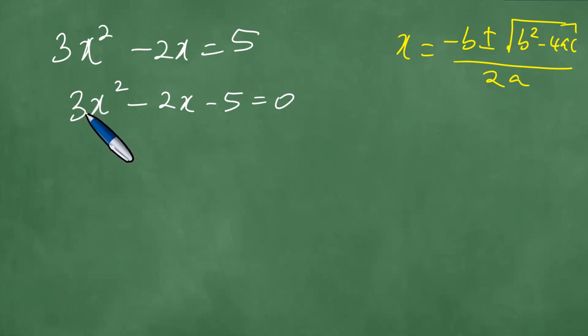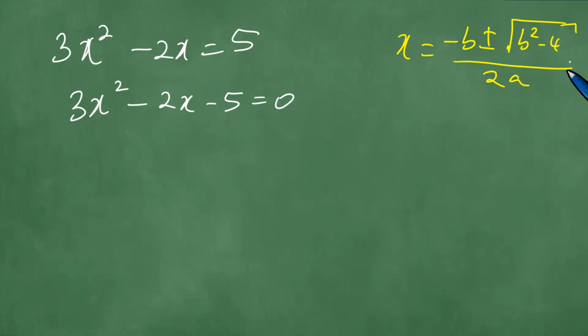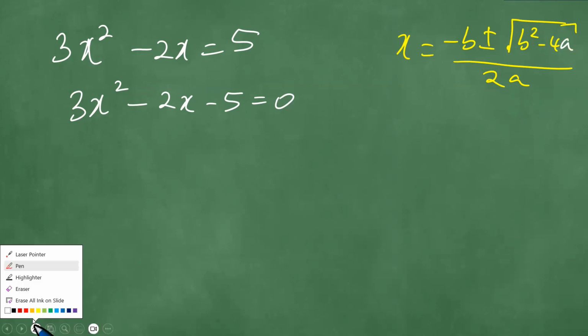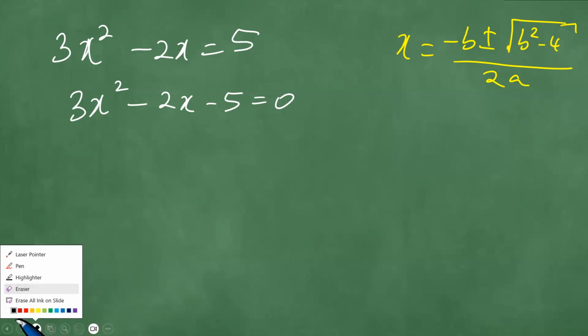Like here, I taught Tegelelo earlier that to get these factors, what you do is you perform multiplication. So you multiply 3x squared by minus 5, and you get minus 15x squared. You look for two numbers that you can multiply to get minus 15, but when you add, you get minus 2. Those are as easy as ABC.